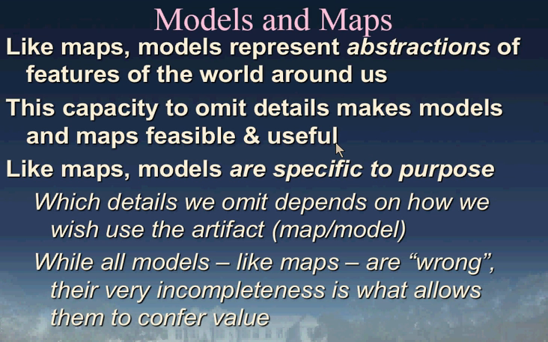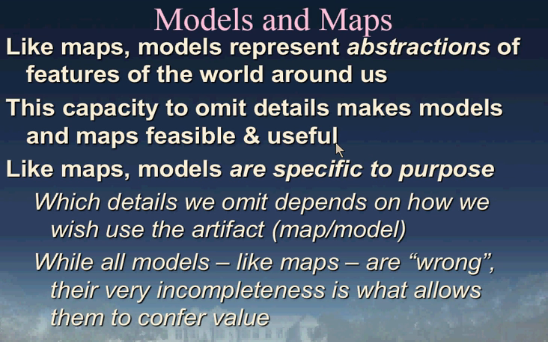But models are similar in the sense that we leave out detail, and in part they're useful because we leave out detail. But what detail we leave out for both models and maps is specific to the purpose of the model. Both can be useful while leaving out a lot of detail for certain purposes, but it would be a grand problem if I wanted to fix a problem with brownouts in Sydney, electrical failures, and I tried to use a transit map.